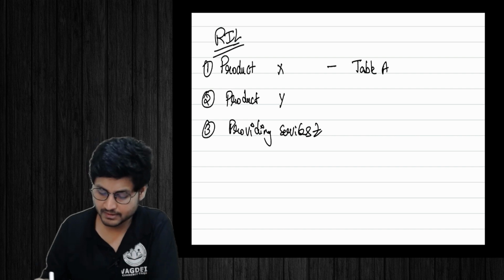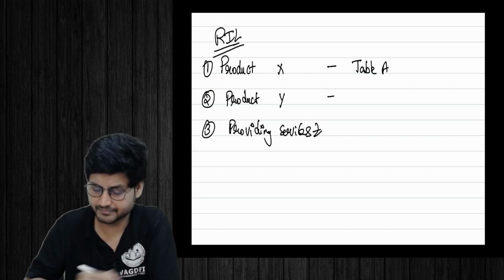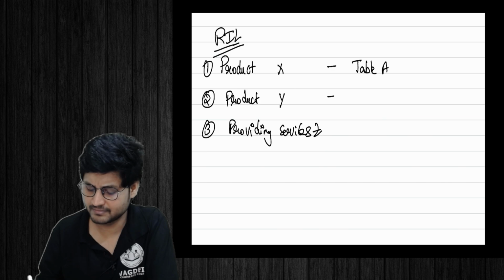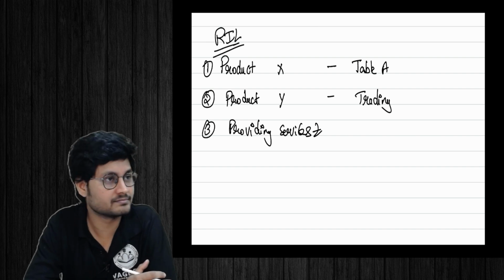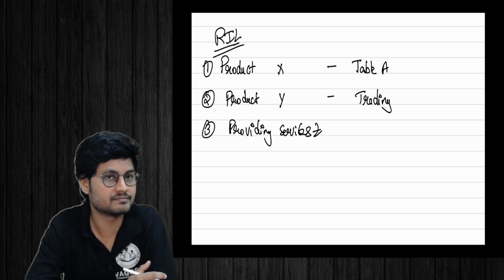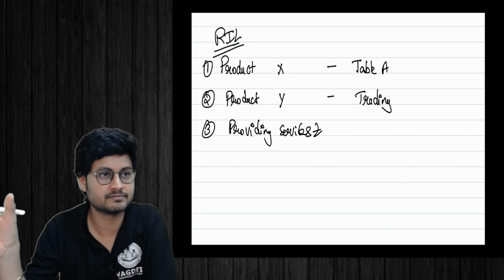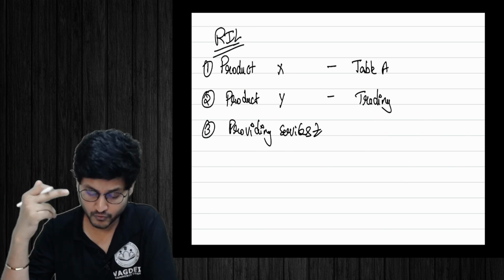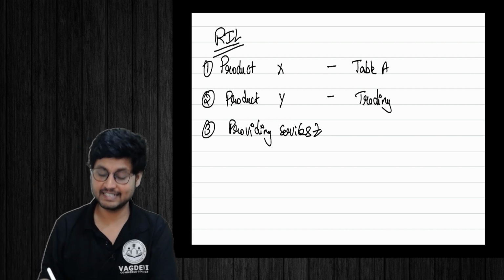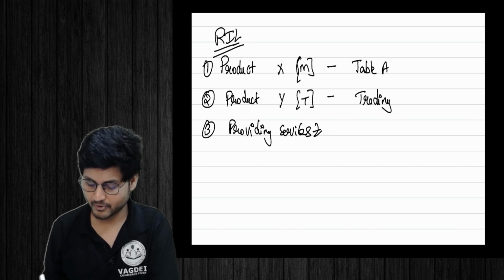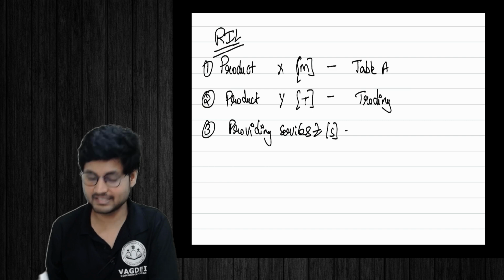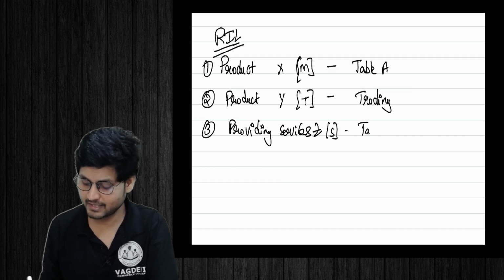For product Y, they are not into manufacture, they are into trading. Product Y is being traded. So they buy goods, they sell goods, called product Y. Whereas in case of product X, it is manufactured. Product Z is services, which are discussed again in table A.